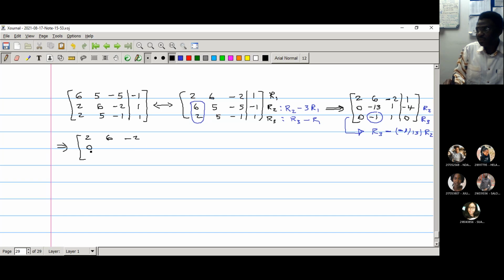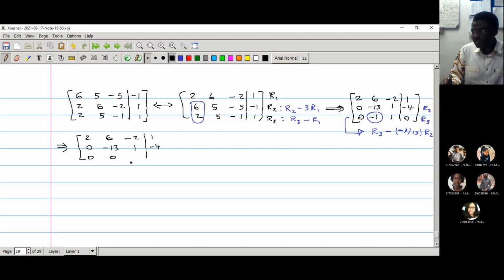And then this one is 0, 0 here also. And then we have negative 13 here, 1 here. This is 1, negative 4 for that. This is 0. Oh, 3. 0.